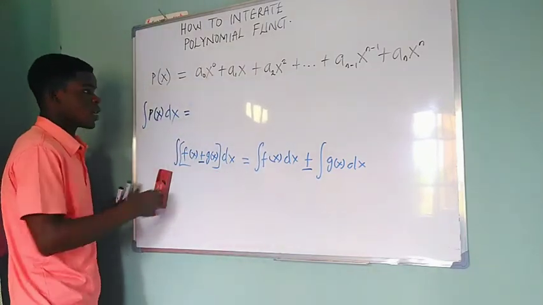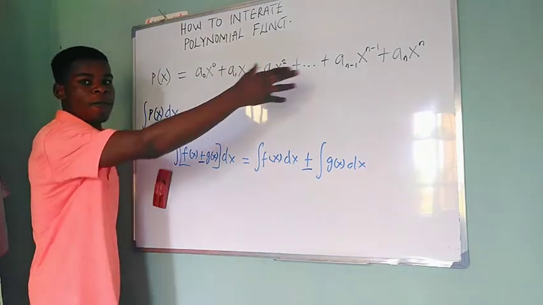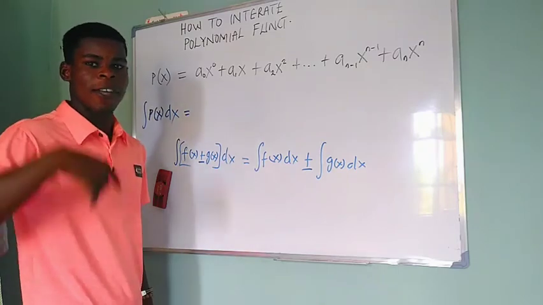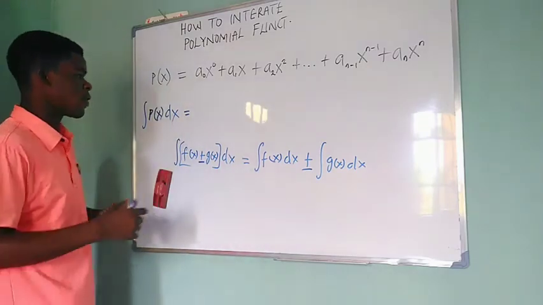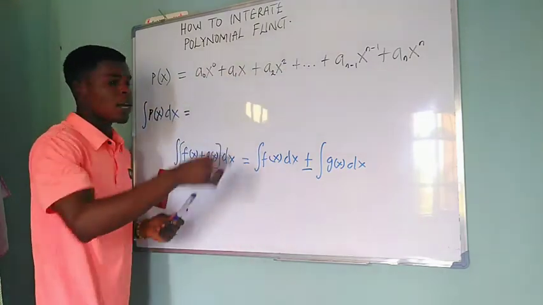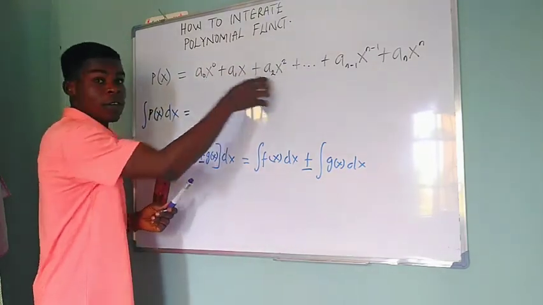So we're going to apply this right here, and you see that these are different functions of x. We can call them g of x, f of x, h of x, m of x, any function of x. So the integral of everything is the sum of the integrals. So I'll say the integral of this, the integral of this, and so on, right?